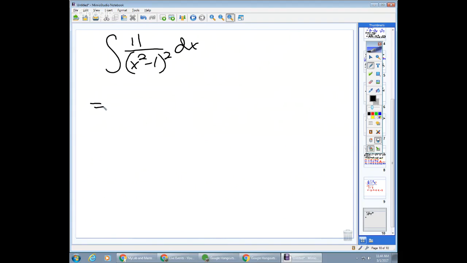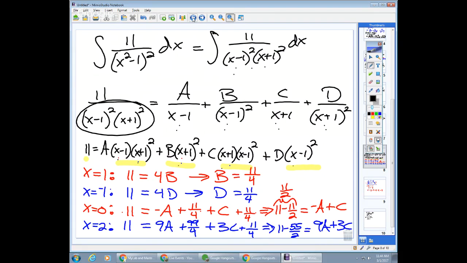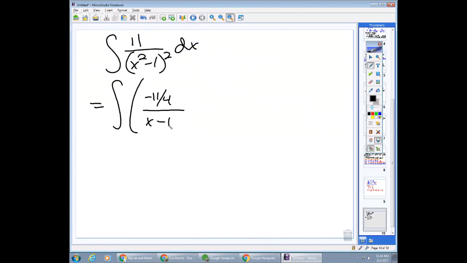And our belief is now that this is equal to the integral of, a is negative 11/4, so negative 11/4 over x minus 1, plus b. What's b? It's 11/4 too? 11/4 over x minus 1 squared.